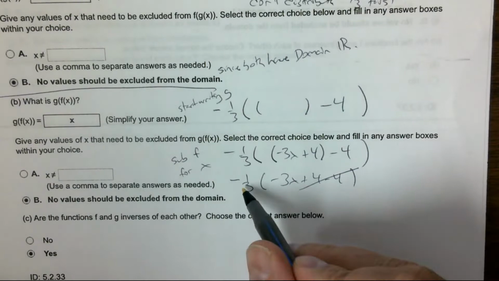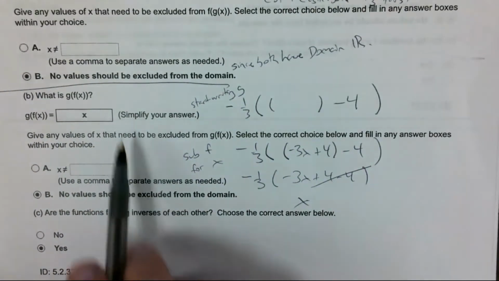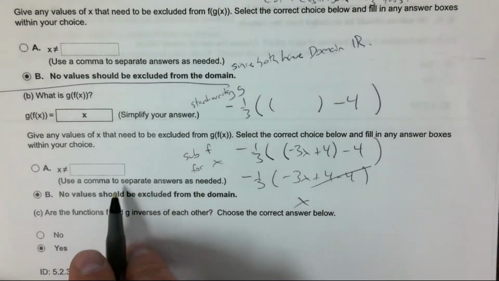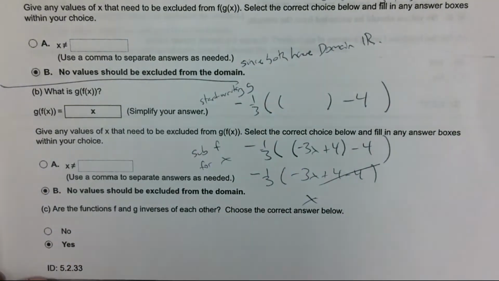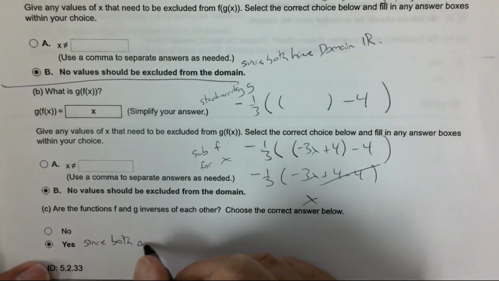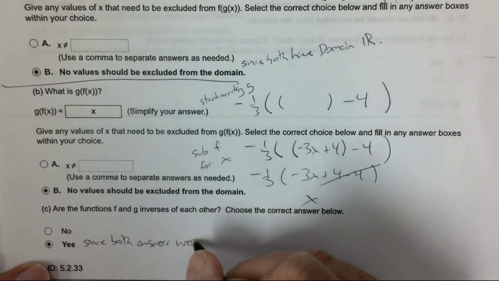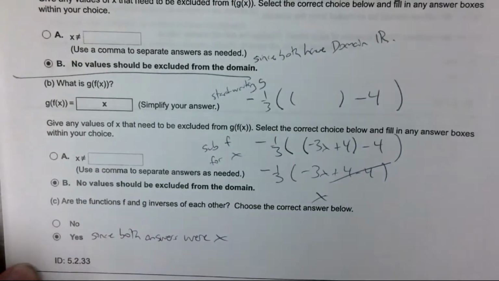And then this cancels, so you're left with x. So again, on this it's linear, so no values should be excluded, and it's a yes since both answers were x. If you have anything other than x, then it would not be.